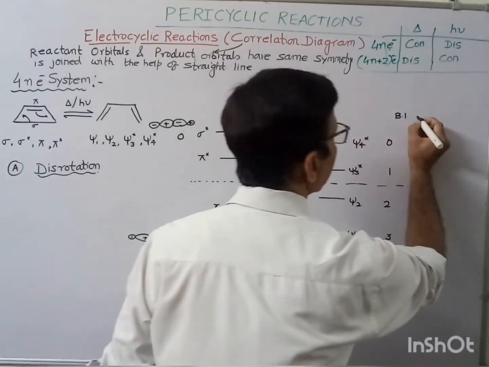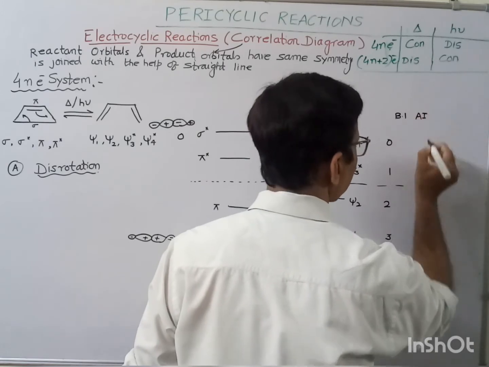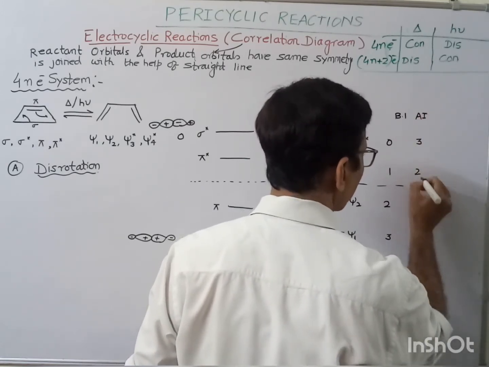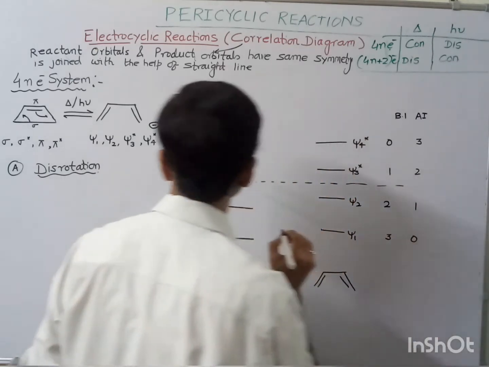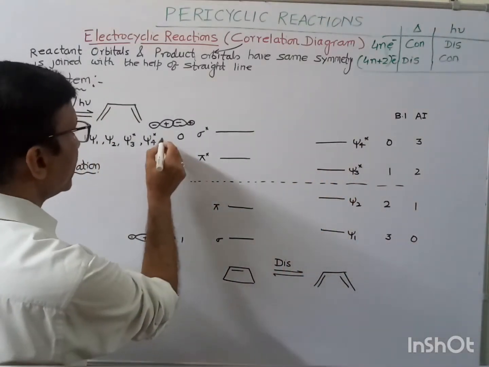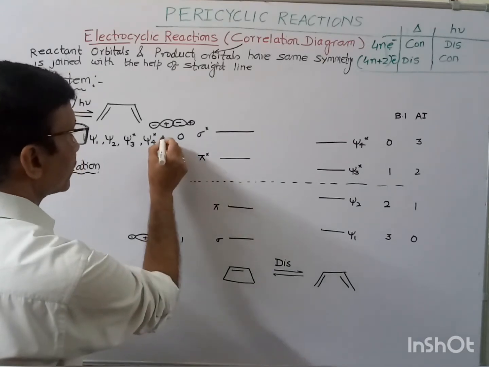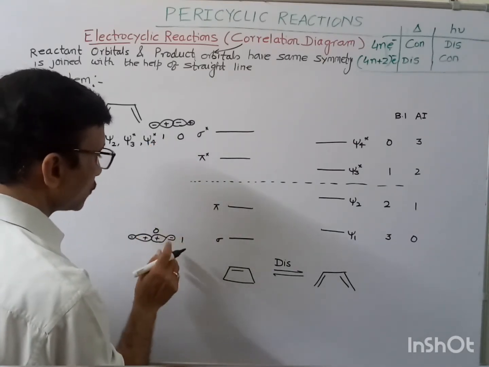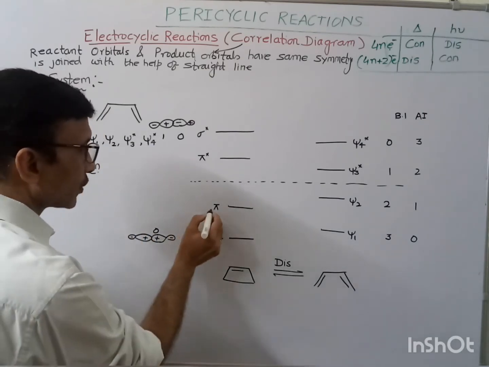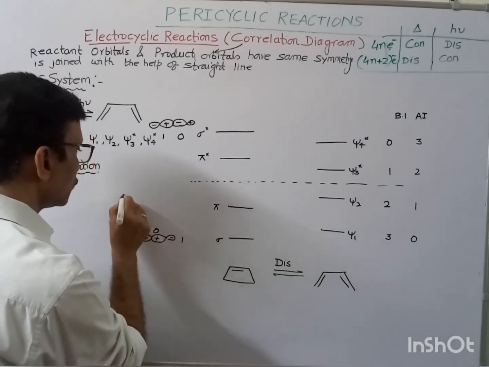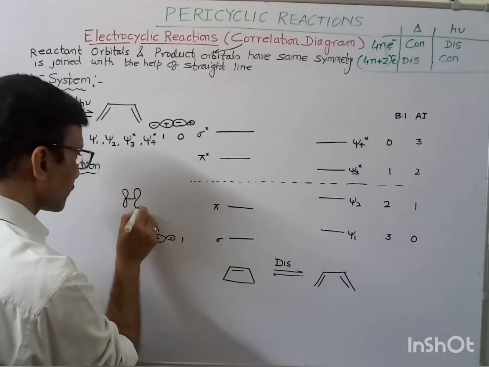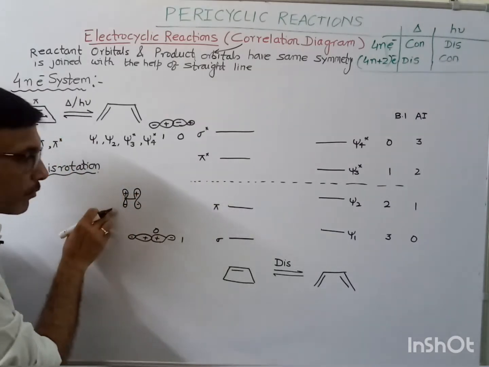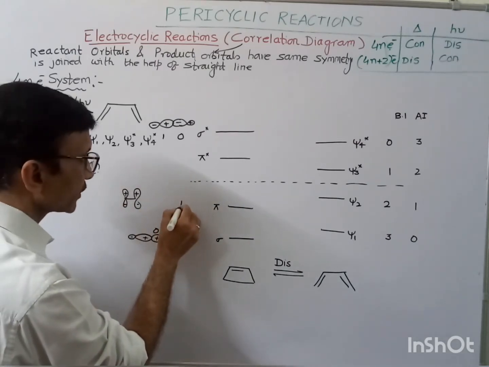The anti-bonding interactions for butadiene will be 3, 2, 1, and 0. Here in sigma star the anti-bonding interaction is 1, and in sigma it is 0. Now what about this pi? This is pi, plus plus minus minus. It has 1 bonding interaction.